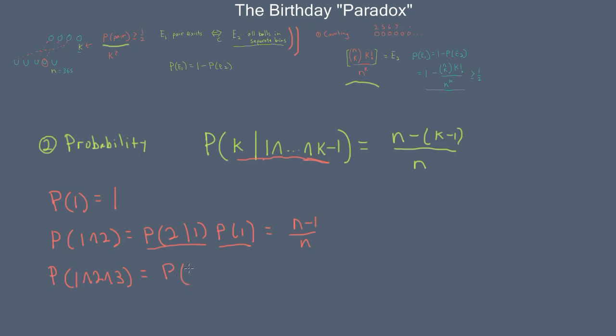So to do one more, for the third ball, again, note we know how to compute this. Here, k is 3. So we're going to have n minus 2 over n. And then we just computed the probability of 1 and 2, which is this.